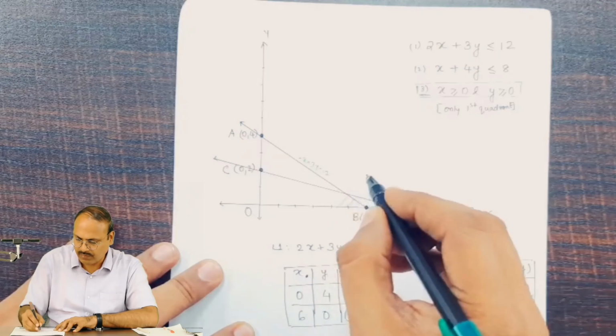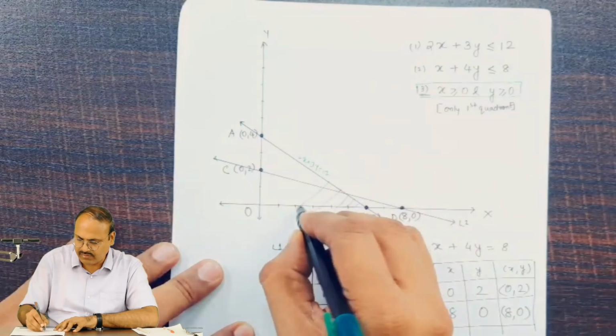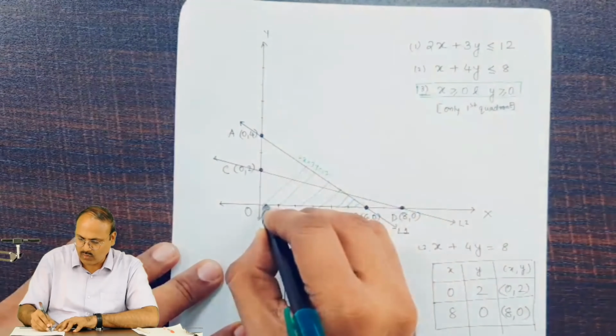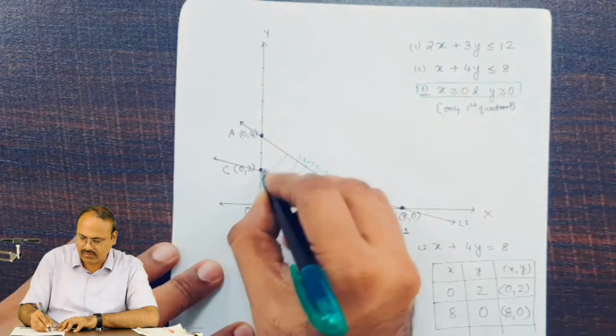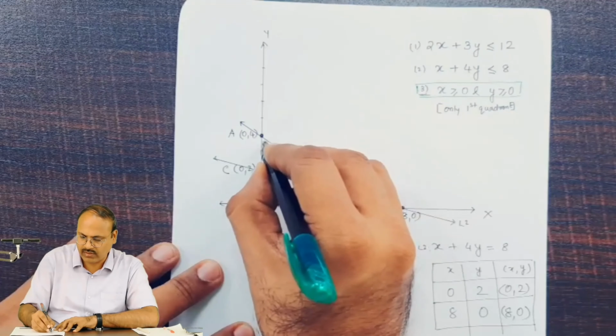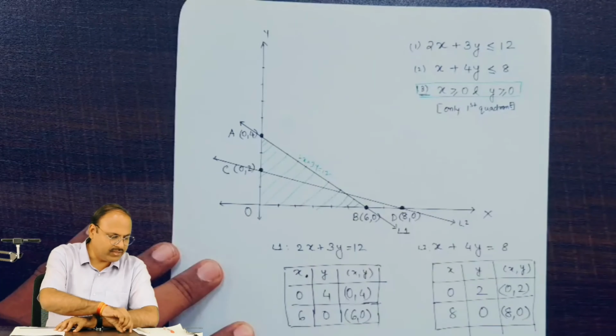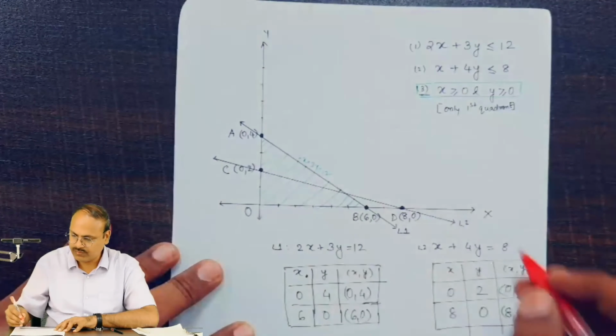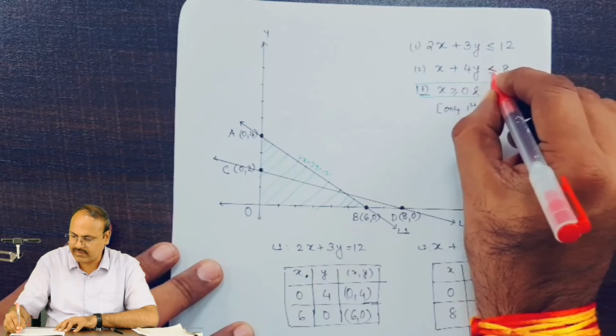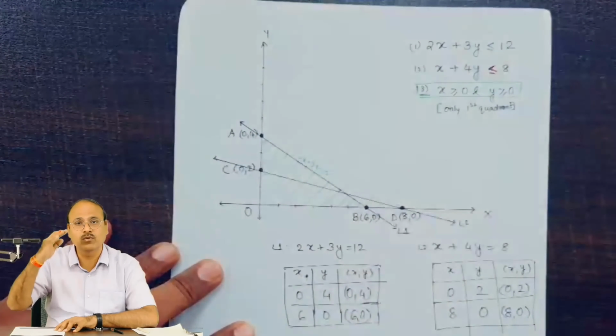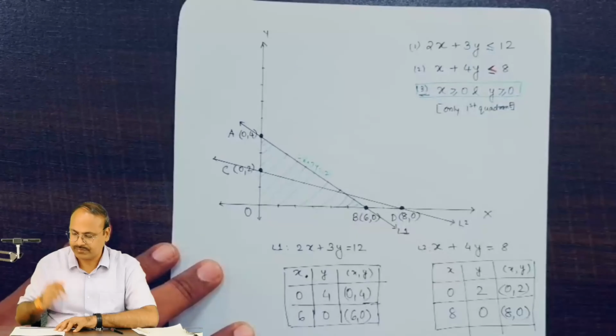So this is the line L1, and I am not going to the negative quadrants because we are only focusing on the first quadrant. This is below L1. Then which is the region below L2? Why below? Because again this is less than or equal to, and that means the region below the line.